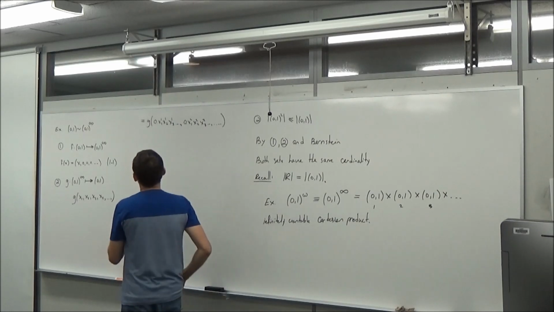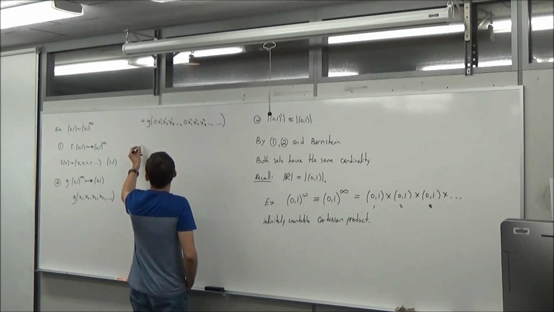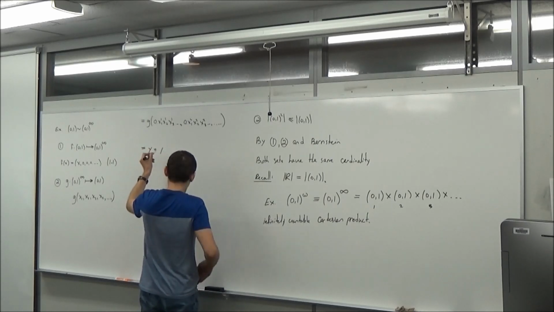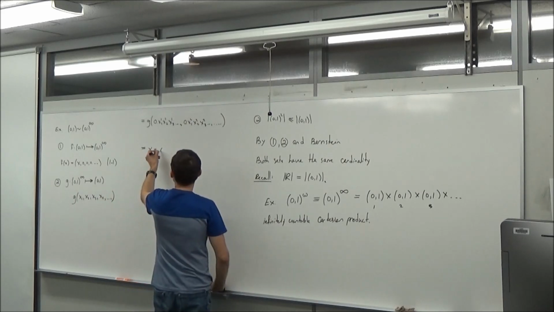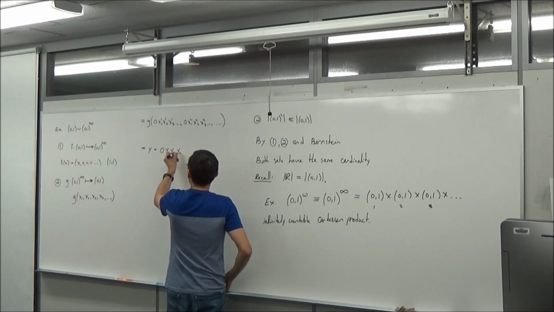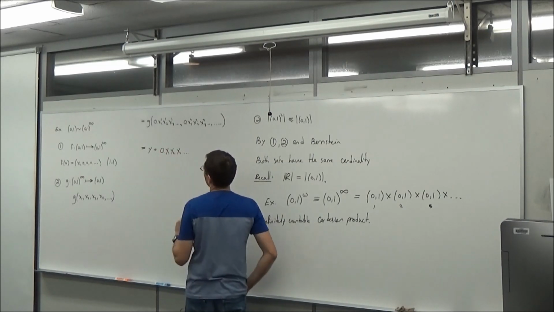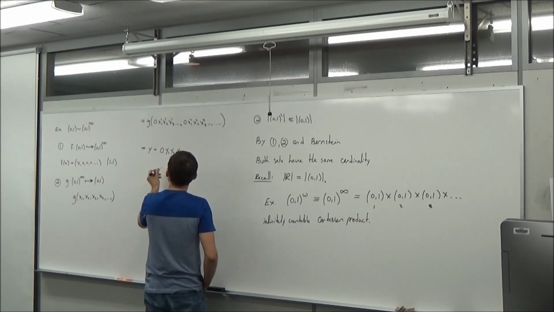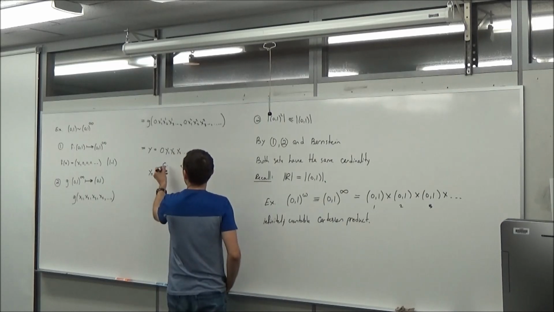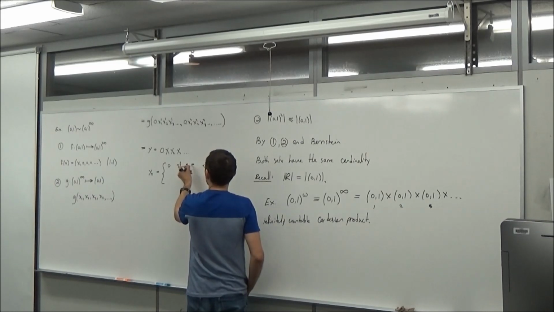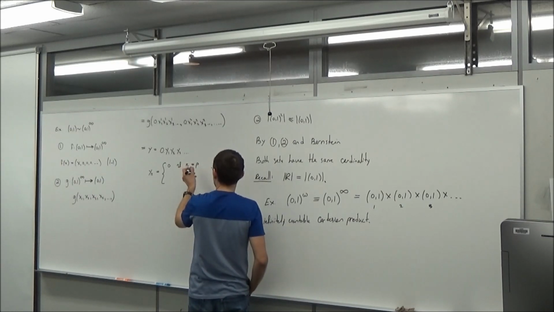Then what I'm going to do is define y, which is equal to 0.y1, y2, y3, etc. And then I'm going to say what y sub n is. y sub n is going to be 0 if n is not a prime to some power k.